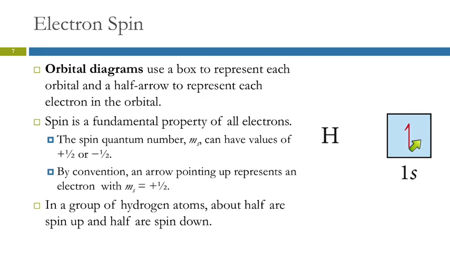So this would have a positive spin, and if we drew it upside down, it would have a negative spin. Remember, spin is that m sub s, the fourth quantum number, and it can be either plus 1/2 or minus 1/2. And we've just decided that up is positive. So if you looked at a group of hydrogen atoms, we'd see that about half of them have that 1 electron with spin up and about half with spin down.